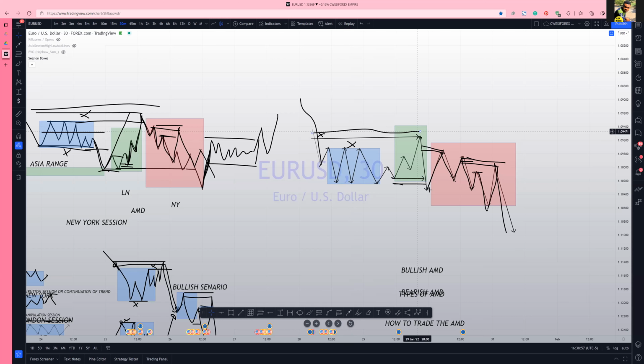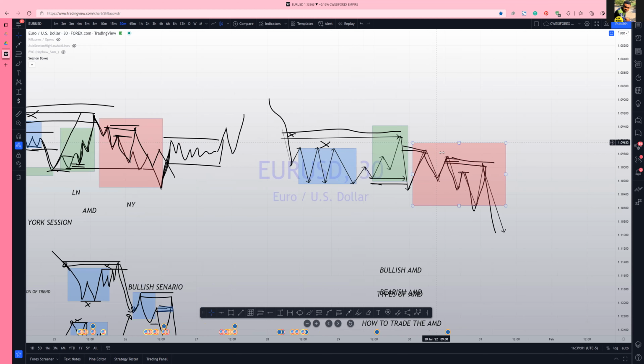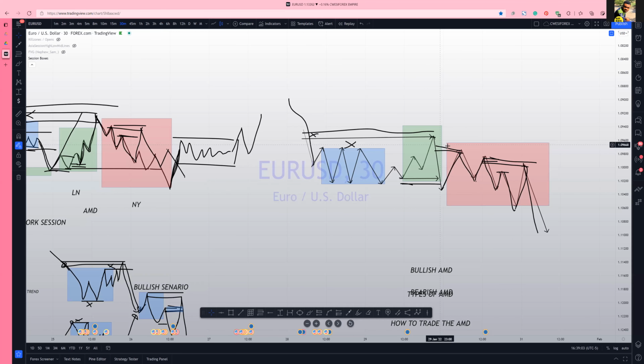And after that, it came to the New York session open. So New York session open from here. It came to take out the low of this London session, and it started moving to the downside, its original trend.